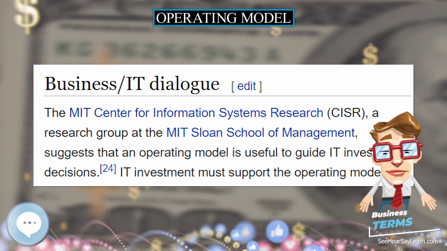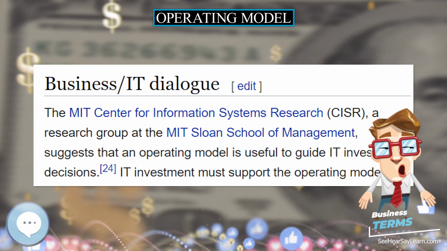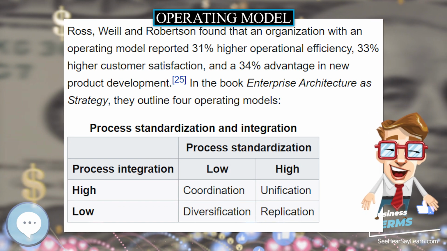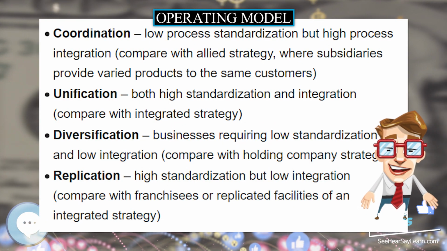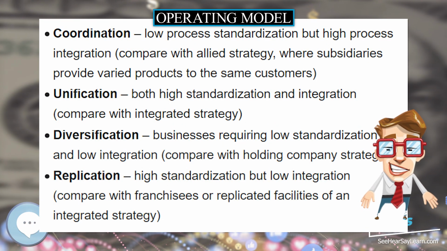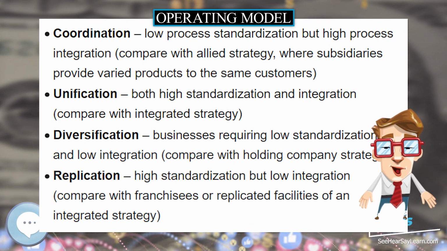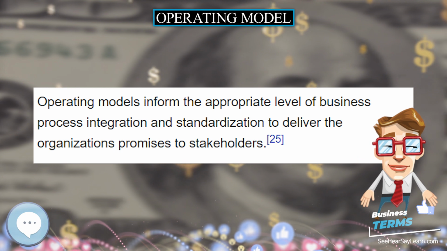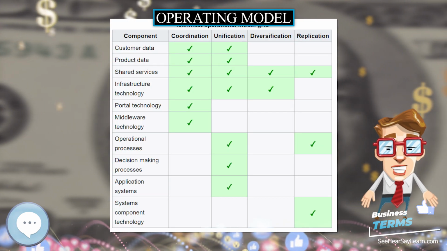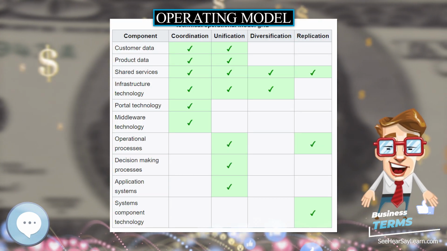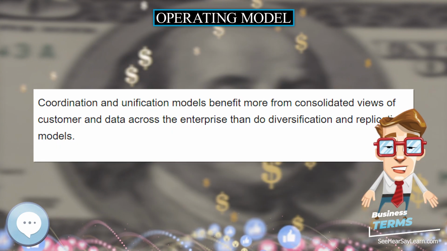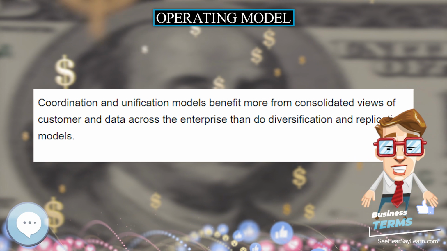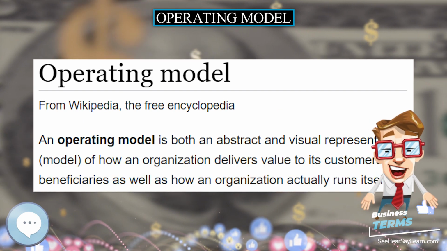The term operating model may have been first used in corporate-level strategy, see history below, to describe the way in which an organization is structured into business divisions, what activities are centralized or decentralized, and how much integration is required across business divisions. The term is most commonly used today when referring to the way a single business division or single function operates, as in the operating model of the exploration division or the operating model of the HR function.